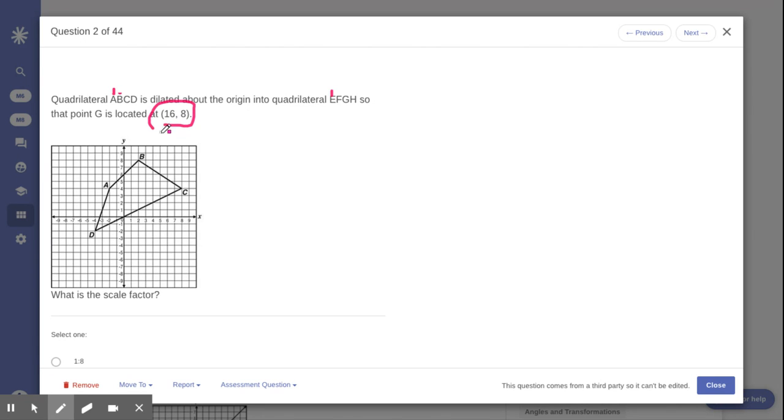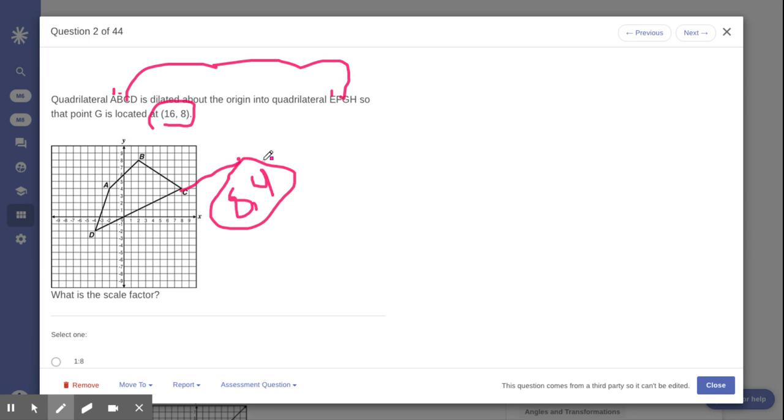So the new one is going to have G at 16.8. Ooh, well, 16.8 is going to be somewhere over here. So that means this C got stretched out all the way over here. Well, here's the first thing I'm going to look at. How do I know that I'm dealing with the C? Because the C was the third letter, the G was the third letter in the name. They correspond. So I'm going to look at this C and go, well, it was at 8.4.